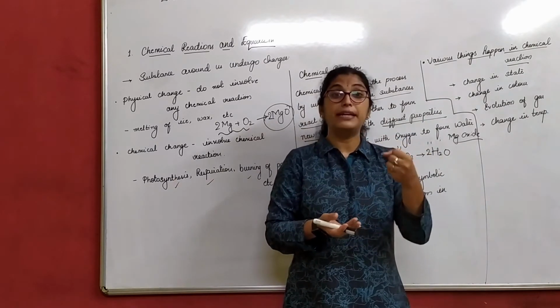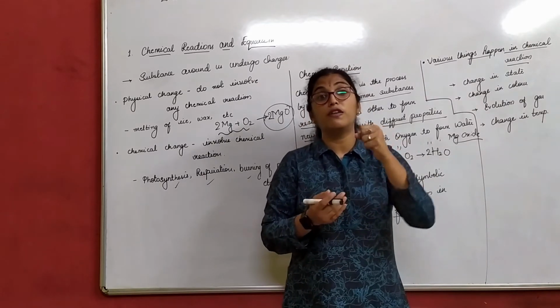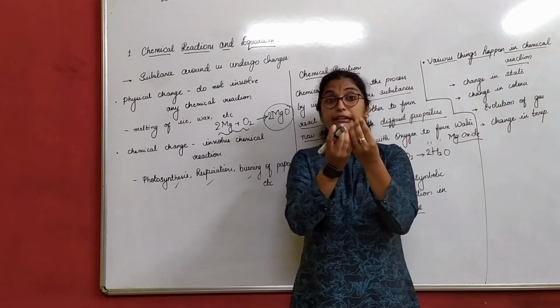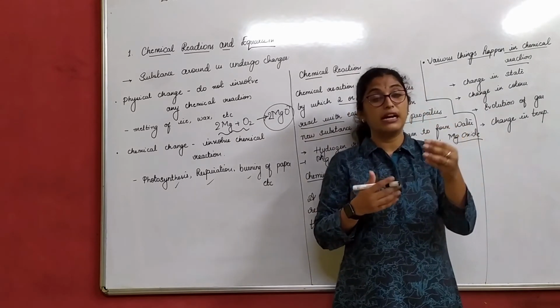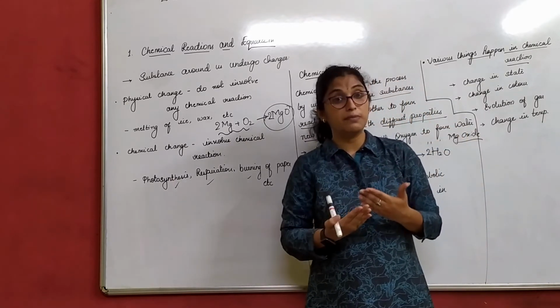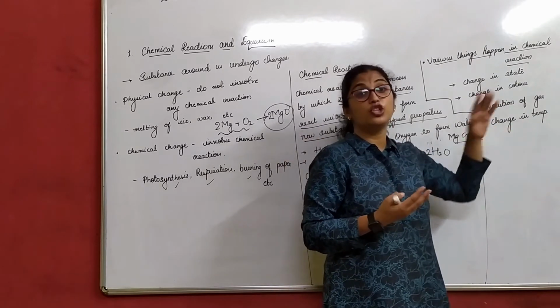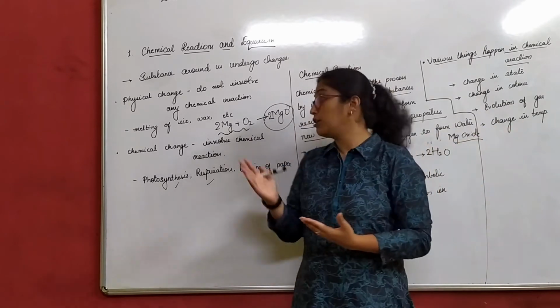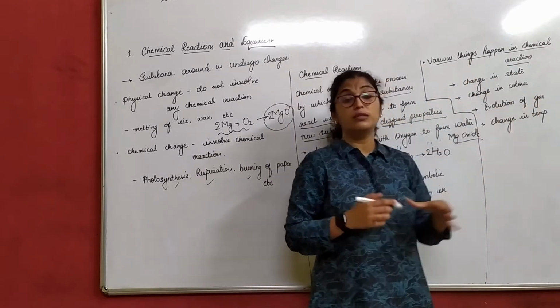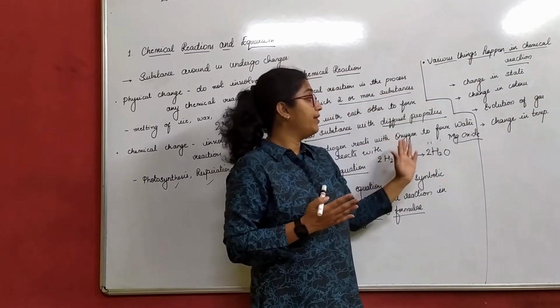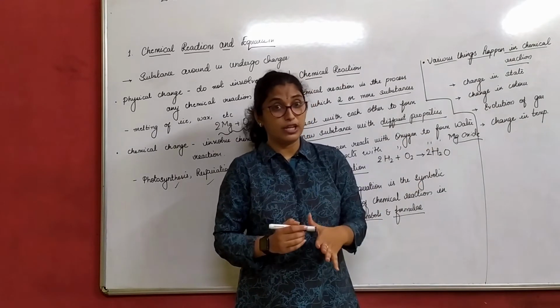Initially it wasn't, but I can feel the warmth of the contents as I have added the reactants. Now it is warm. It wasn't before. That means it can change the temperature depending on the reactant. So these are the various changes which will happen when we do a chemical reaction.